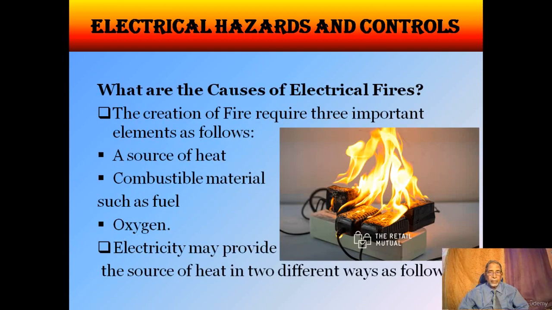Now we will discuss the different causes of electrical fires. The creation of fire requires three important elements as follows.